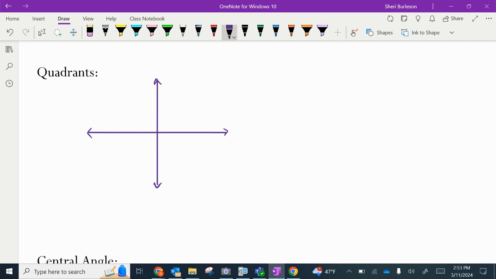So, if I were going to rotate starting at the positive x-axis and rotate counterclockwise, that's a positive rotation. What is the first quadrant I would rotate through? And then what is the next quadrant I would rotate through? And then the next?